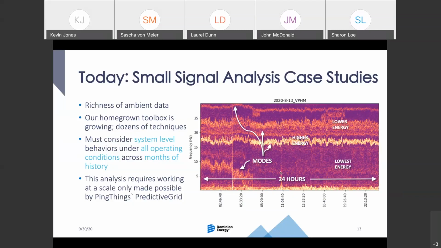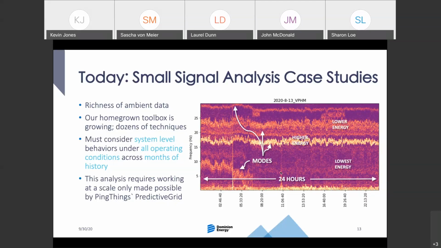And what it allows us to do is to take signals of voltage and current and frequency and angle and look at them over long periods of time, minutes, hours, days, weeks, months, across the system, and understand across the frequency spectrum that is visible, what are the modes of oscillation that exist, what are their energy levels, what are their damping.